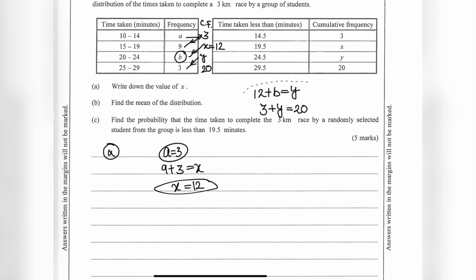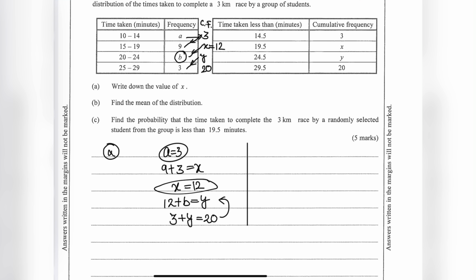Using substitution, instead of y we can write 20 minus 3, which is 17. So b is 17 minus 12, which is 5. So b is equal to 5 and y is equal to 17.